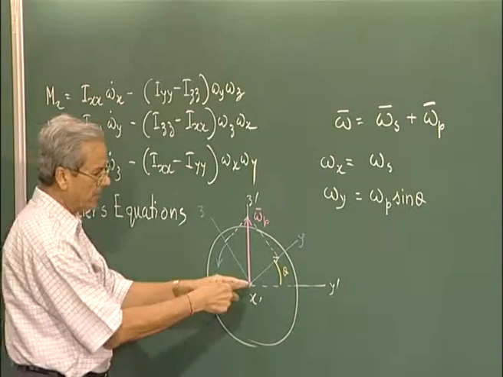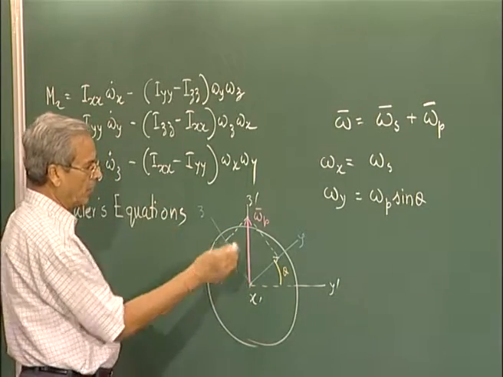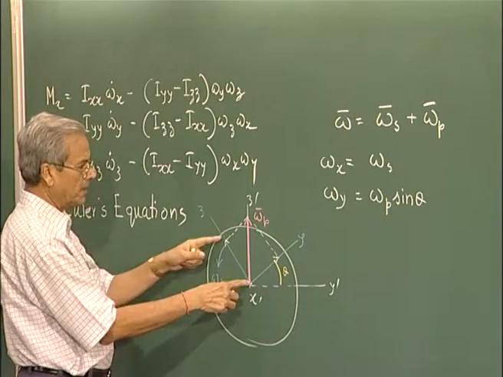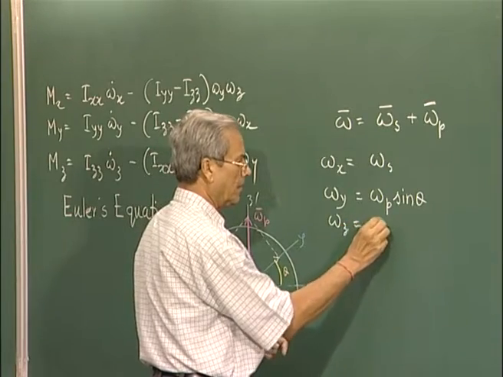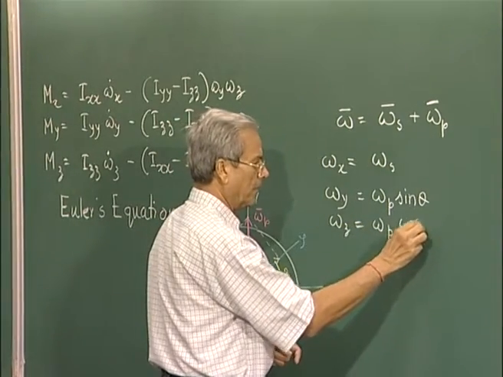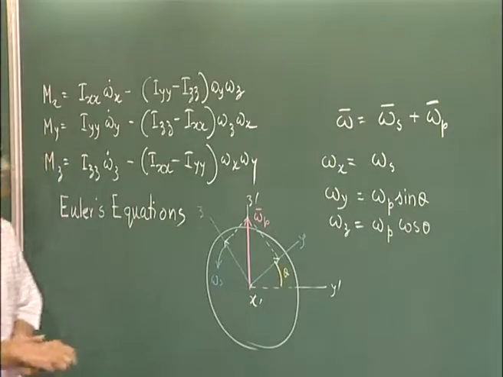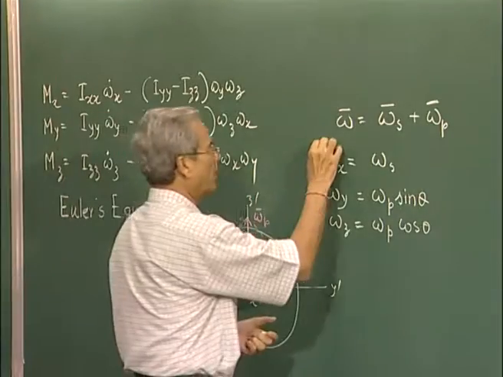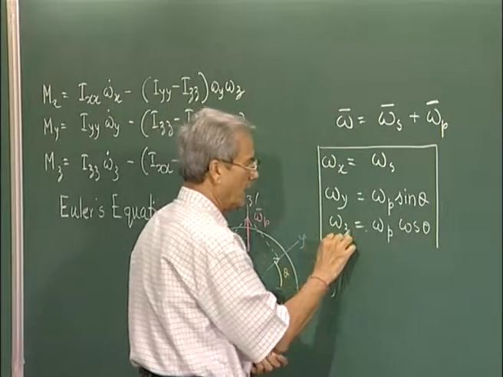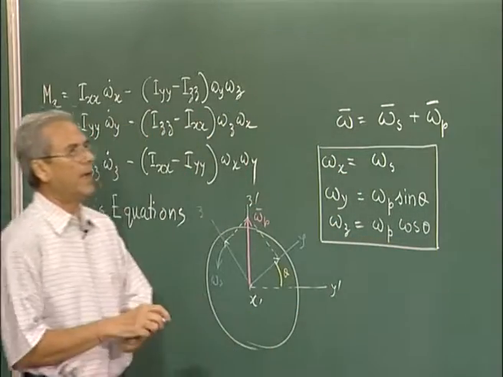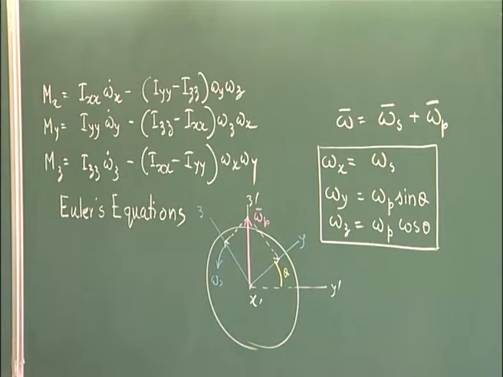Now, omega s will have no component along this, and omega p will have this much, which is omega p cos theta. These are the angular velocity components along the x, y, z of the rigid body, and of course, small x, y, z frame is rigidly attached to that.